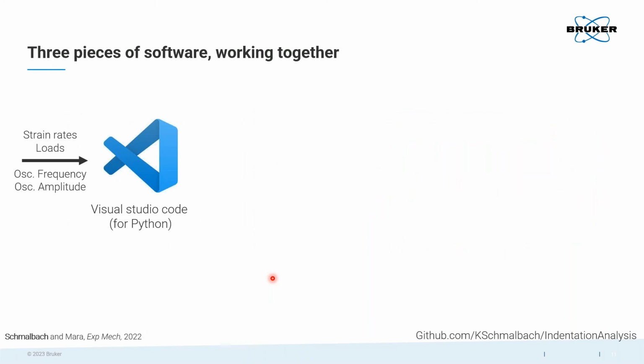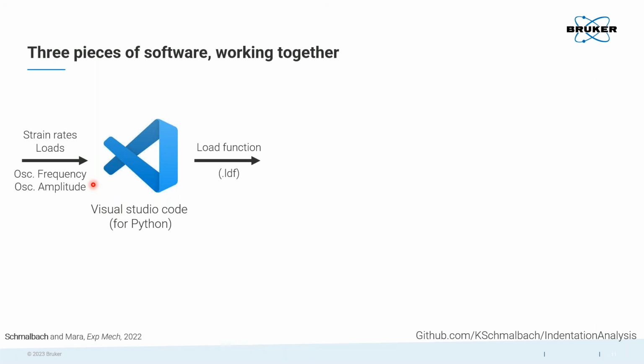And so the way that I've developed these algorithms is that we have 3 pieces of software that are going to be used in series. The first one is a Python script that takes our inputs, such as the applied strain rates, the loads that we're going to change those strain rates at, and the oscillation frequency and oscillation amplitude, just to name a few.